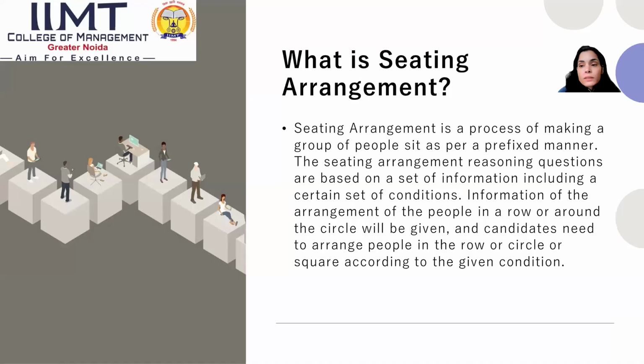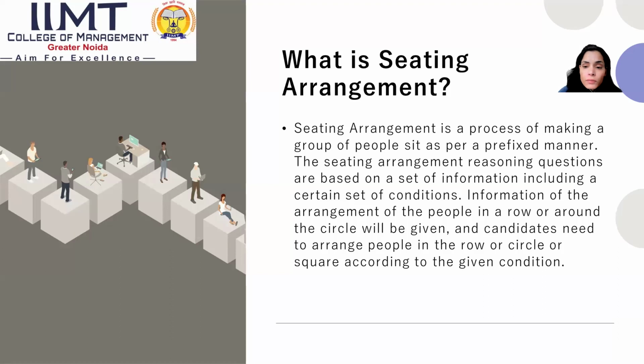Now, what is arrangement? Sitting arrangement is a process of making a group of people sit as per a prefixed manner. Means in sitting arrangement there will be a manner that is predefined. The sitting arrangement reasoning questions are based on the set of information including a certain set of conditions.